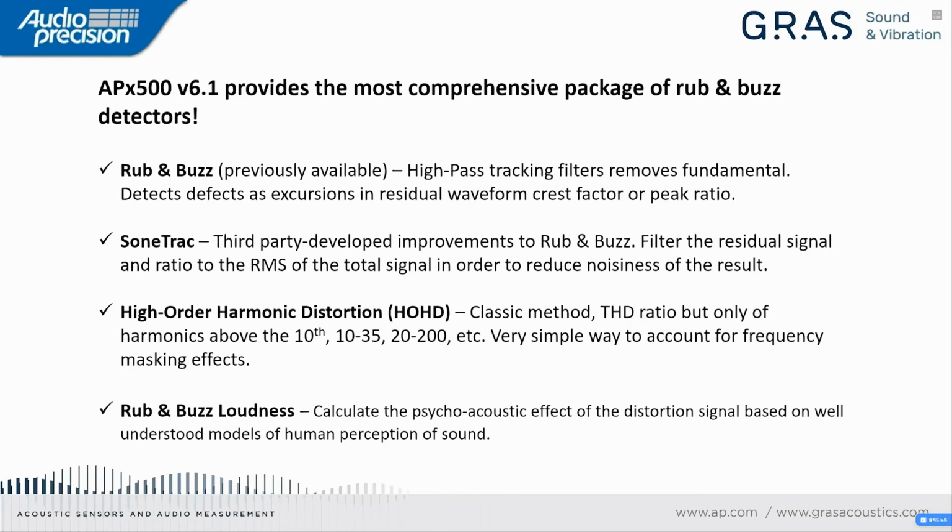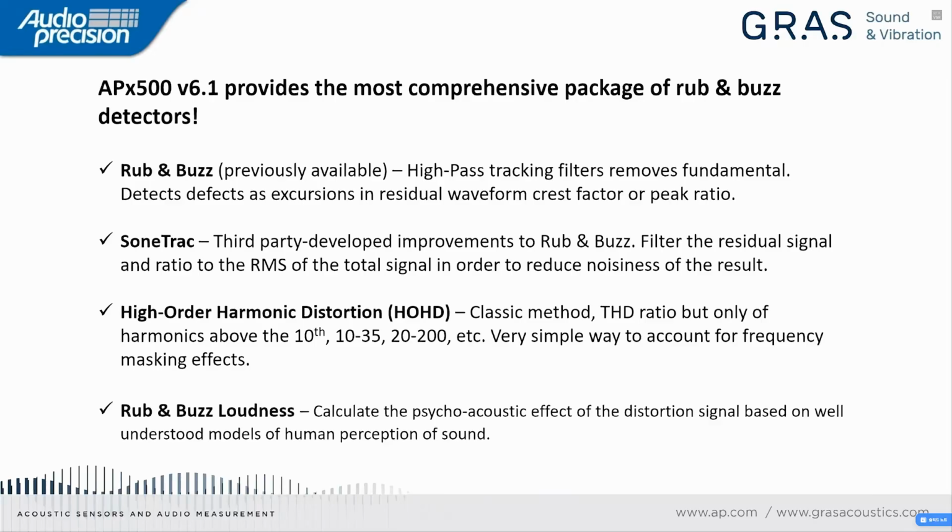We then have high order harmonic distortion. This is a classic method, and if anyone had ever seen a seminar that I presented back, I think in 2017, this was actually mentioned and shown how you could do this using distortion product ratio with a log chirp.